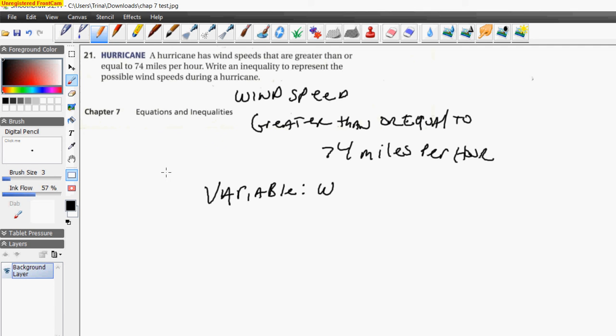Now, the inequality. What is the inequality going to be? W is either greater than or equal to, see that sign, greater than or equal to what? 74.